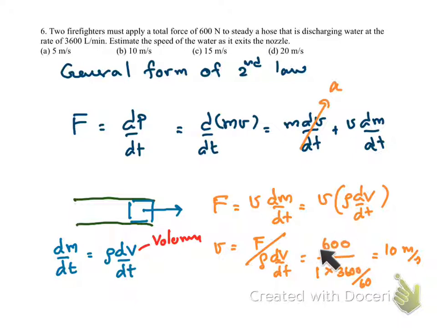And when we put in the numerical values, F equal to 600 Newton, rho is 1 kilogram per liter, since the unit of the volume here is liter, so we can use 1 kilogram per liter for the water, and dV/dt is 3,600 per minute, but we have to change this to per second, so we divide by 60, since 60 seconds make 1 minute, and we do the numerical calculation to get 10 meters per second.